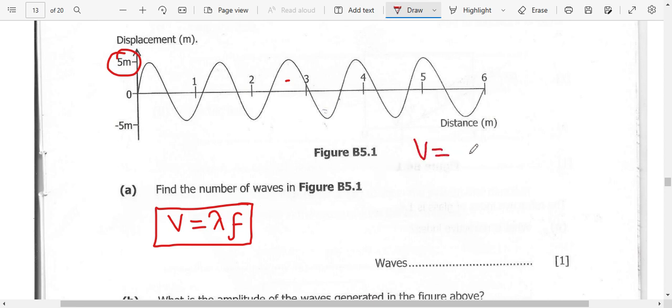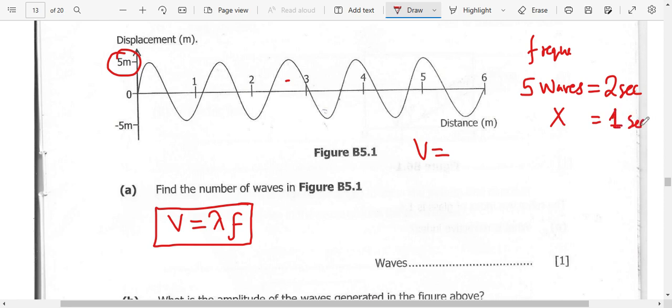Now here you have to find the frequency. What is frequency? Frequency is the time taken for only one wave. Here we have 5 waves, and for 5 waves we've been told they take 2 seconds. So now you want how many waves are going to take only 1 second.